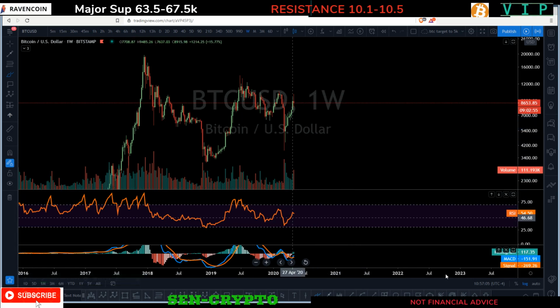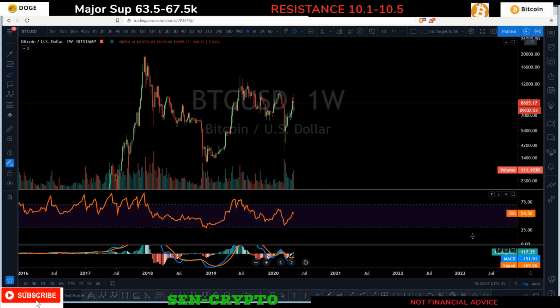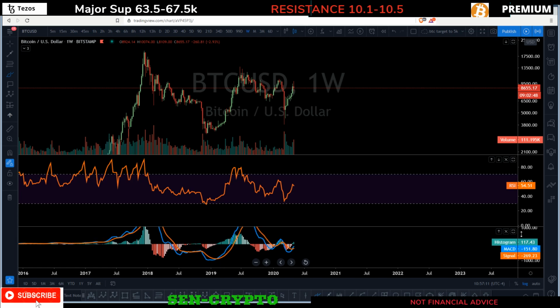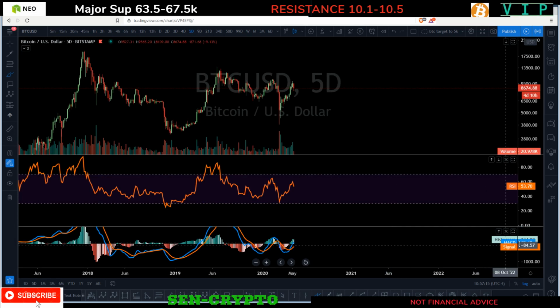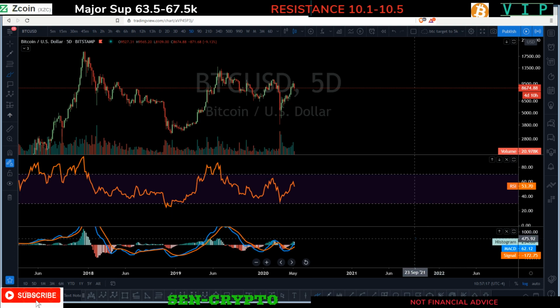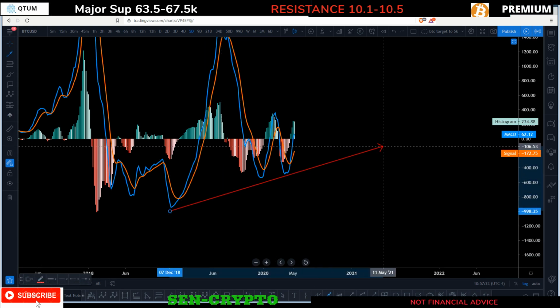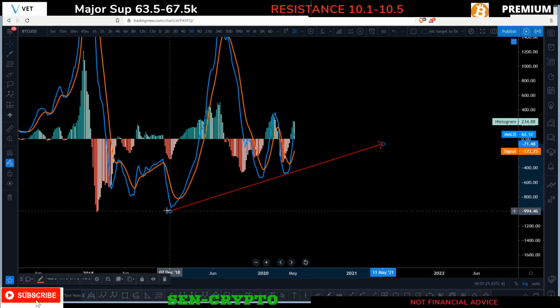So now let's take a look at the MACD. Once again, the most important time frame on the MACD right now is basically the 5-day chart. If you take a look at the 5-day chart, we've basically been making clean higher lows in this area.